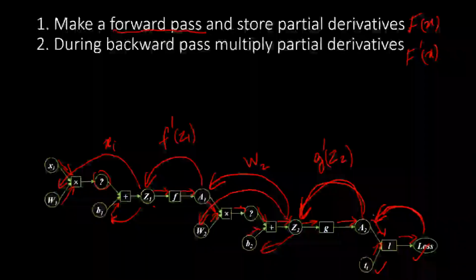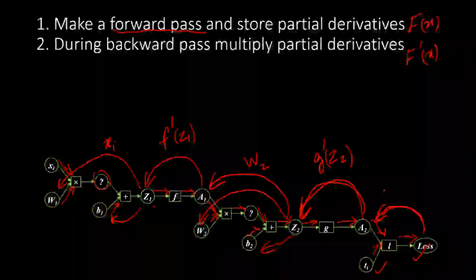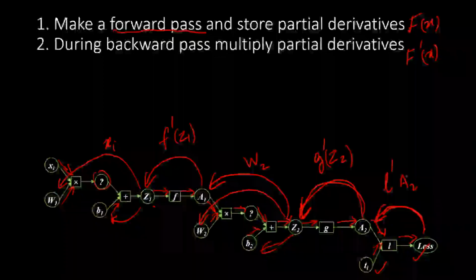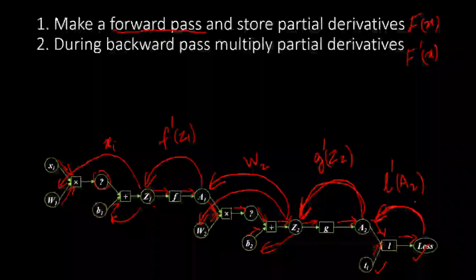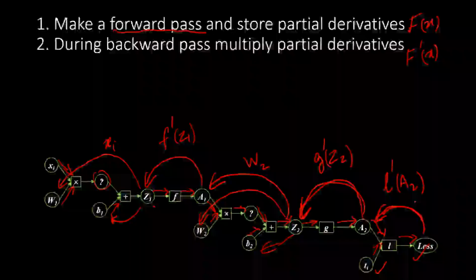That is going to be whatever is l dash at the value a2. Okay, so now we can multiply these coming back, but during the forward pass we can store these partial derivatives locally at each node, so that we can use them while coming back.